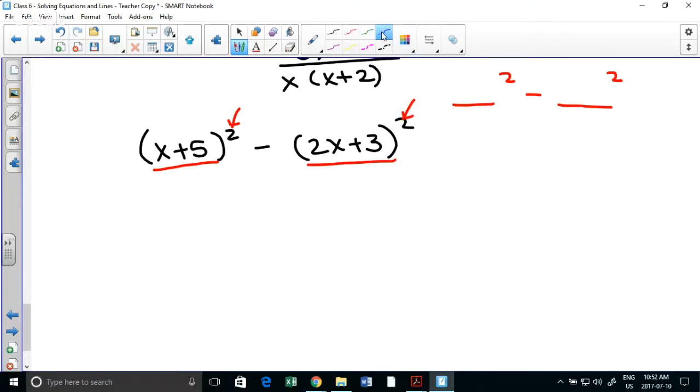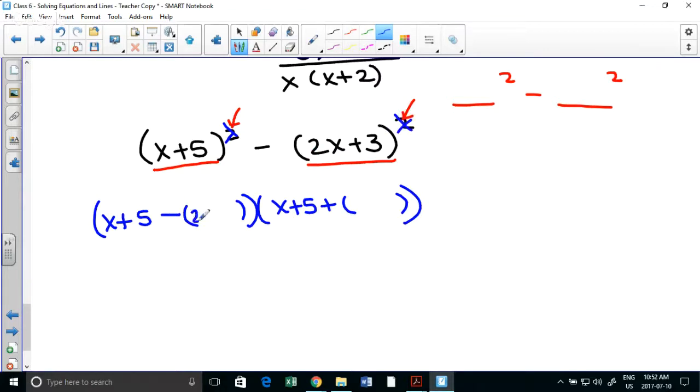So it's no different. My brackets become the square root of the first, and the square root of this means I just take this away. Minus and plus the square root of the second. Again, that means that this just goes away. The way you handle it is no different.